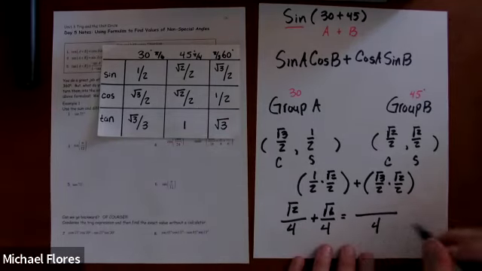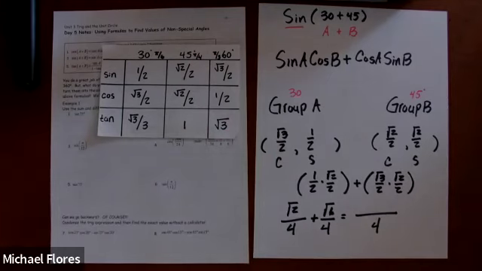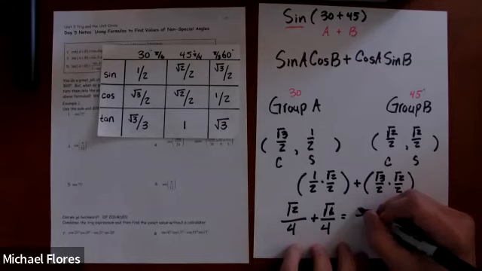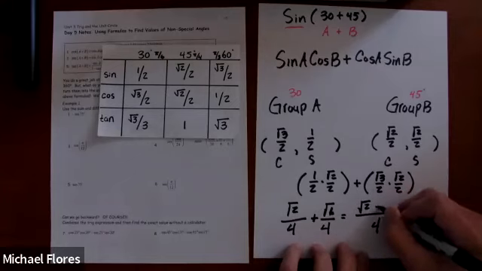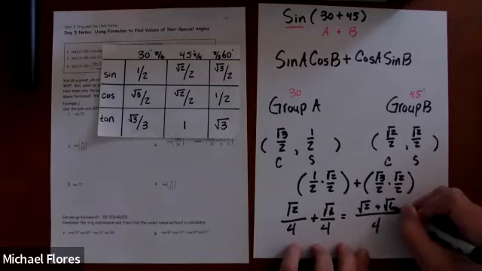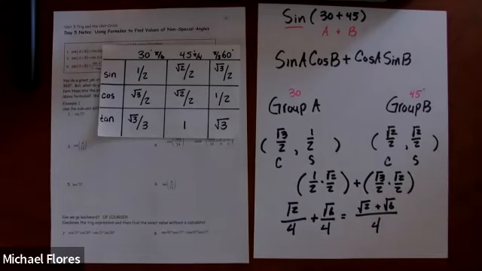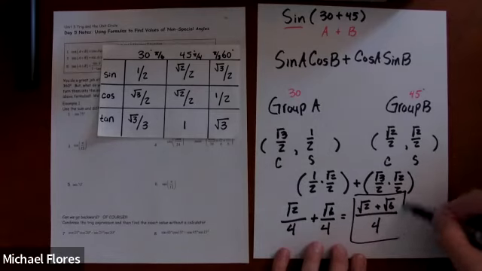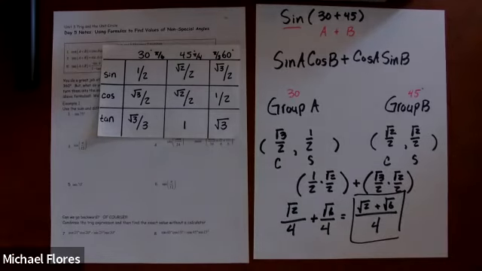Whenever we add or subtract, that denominator is not going to change. We just need to simplify the numerators by adding them together. And just a reminder, it's been a while since we've added or subtracted roots. You can't add radicals or subtract them unless they have the exact same number inside the root. So your final answer is going to look like that. And for the most part today on your notes, on your assignment, that's what your final answer is probably going to look like, something like that.